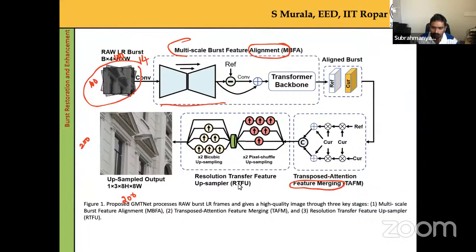That's why the third module is an upsampler. So this is the final resultant response for a given burst of 100 by 100 size with the number of frames, maybe 14 frames here. With that, you are getting a 200 by 200 color image. So this is the main flow diagram for burst super resolution.